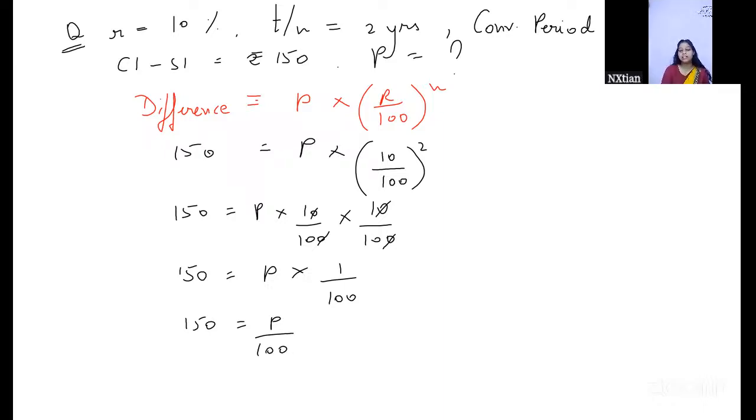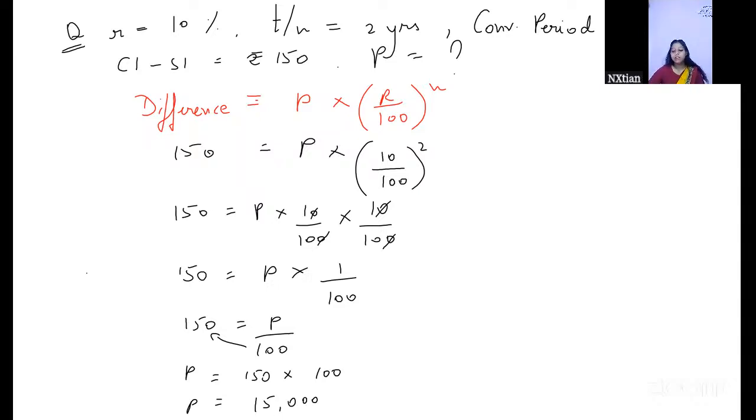Then we cross multiply, so P equals 150 into 100, 15,000.